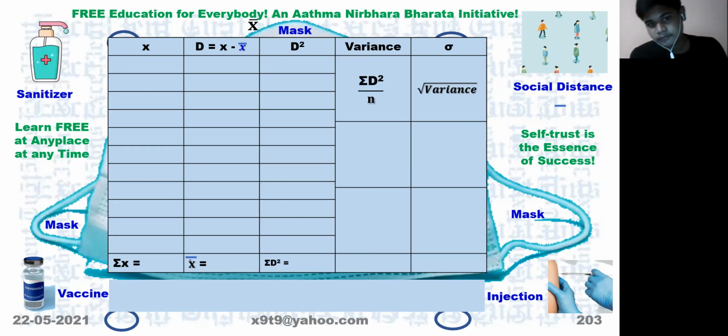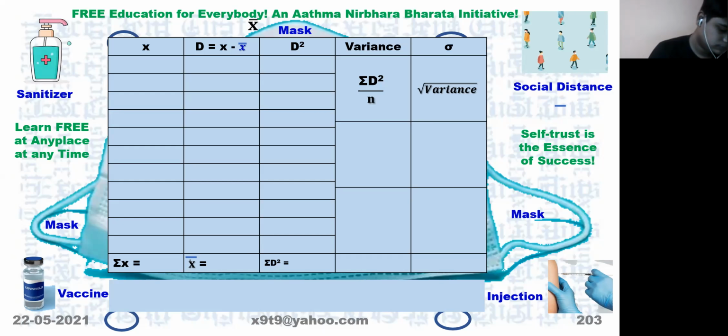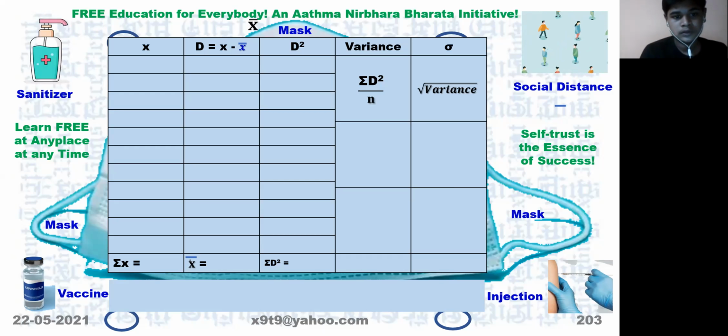I should draw the same like this, sir. Yes, you draw this one on the paper. Okay, so 1, 2, 3, 4, 5 columns are there. 5 columns. And the number of rows will be how many data points are given, plus one for the heading. First row will be heading. Last row will be finding the sum.